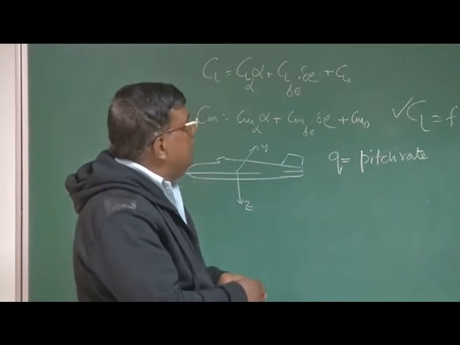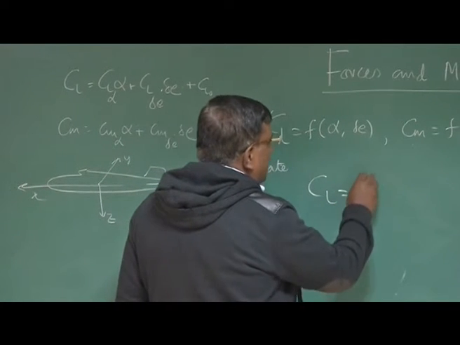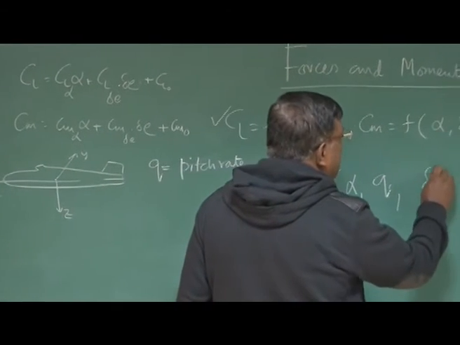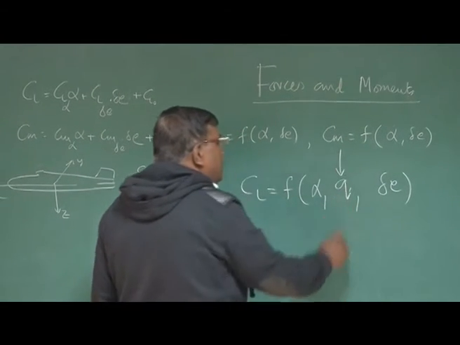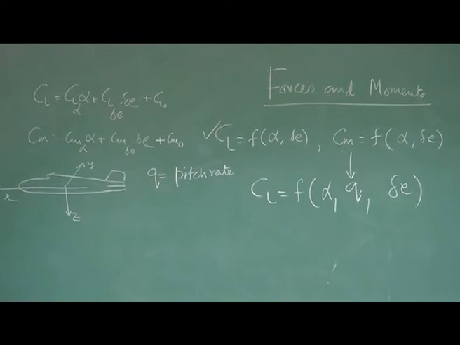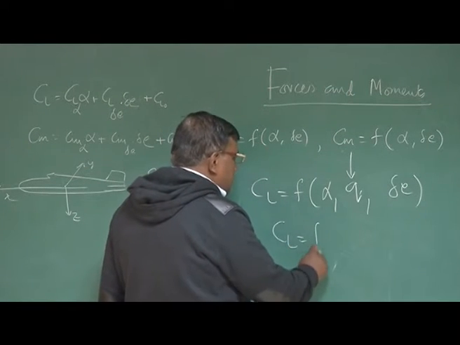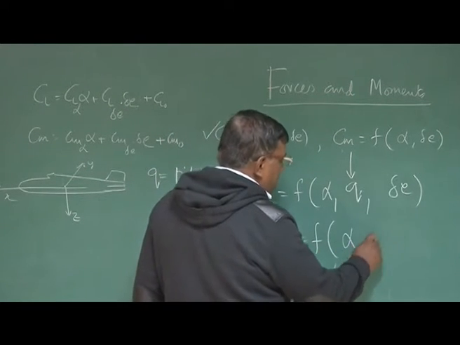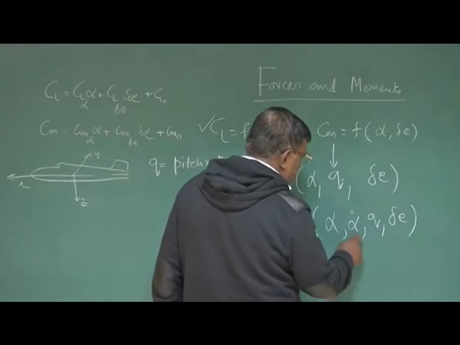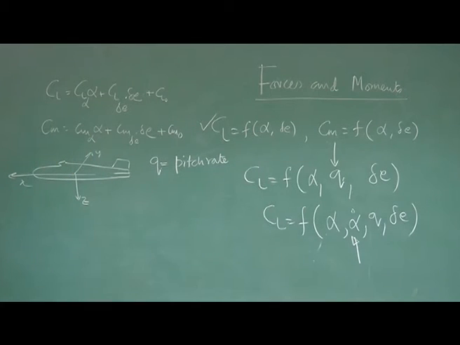Now you will see, because of this dynamics, CL will not only be a function of alpha, it will also be a function of q and delta E. Q will show you how this pitch rate also will change CL. Similarly, if you go further in the analysis, you will find it not only depends upon alpha, q and delta E, it also depends upon alpha dot, that is, at what rate the angle of attack is changing.